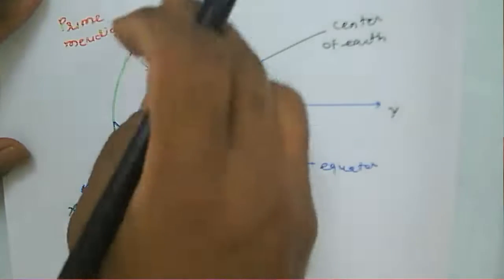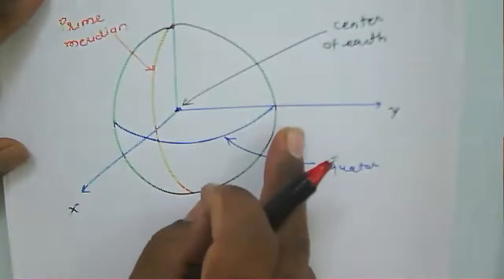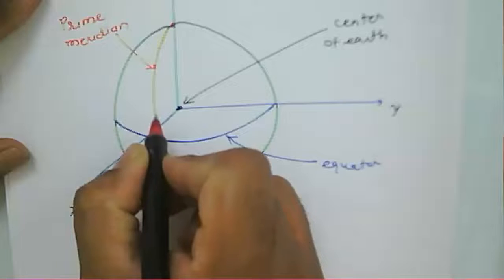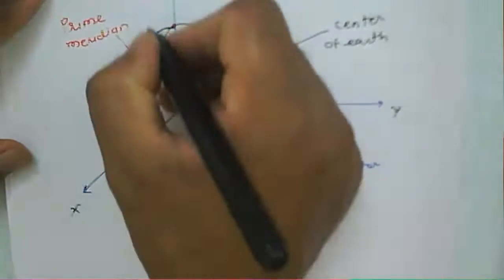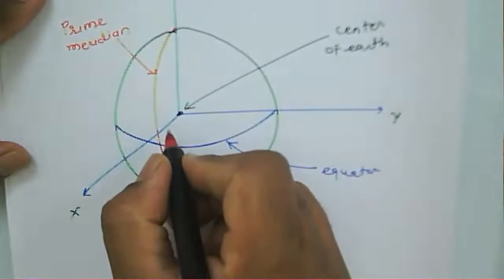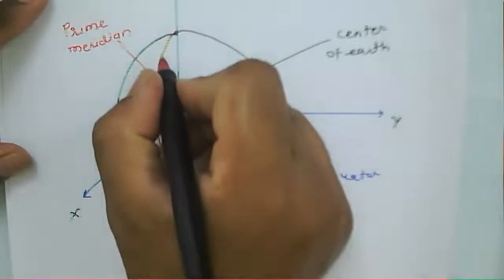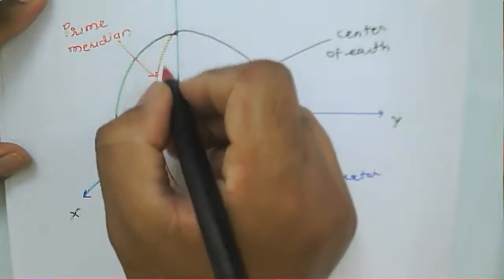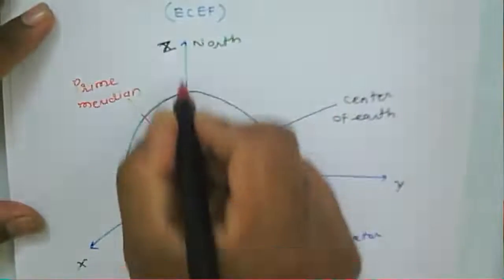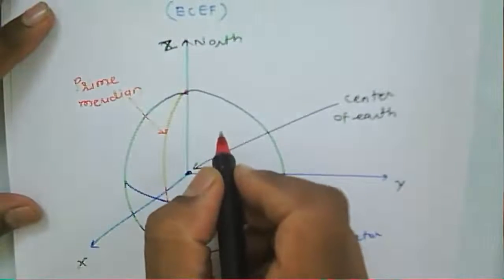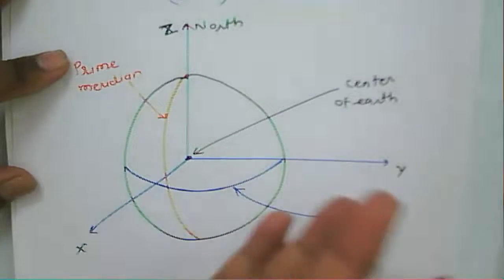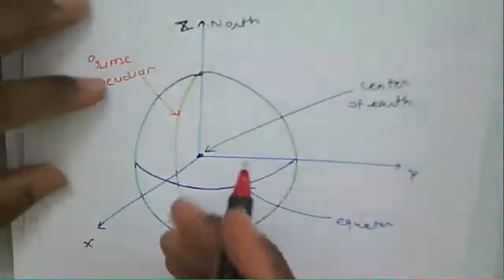The z axis is directed from the center of the earth toward the north pole, and the x and y axes are on the equatorial plane.